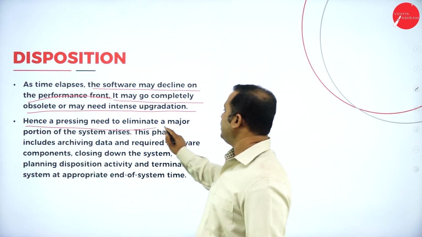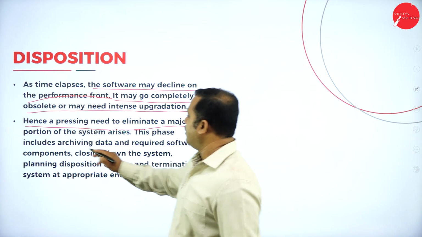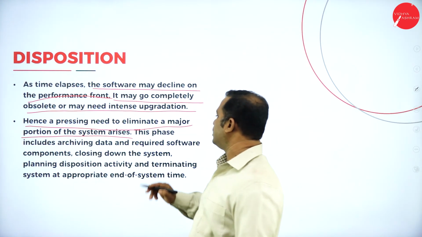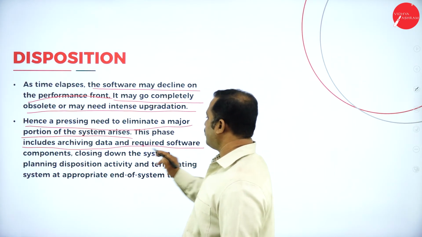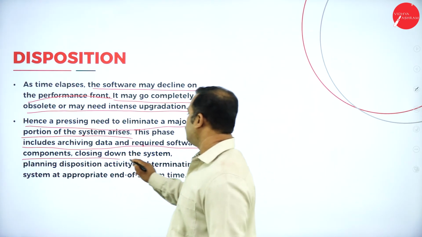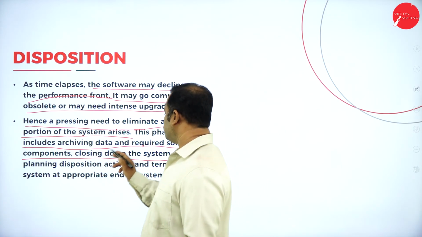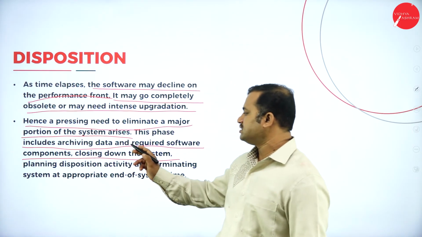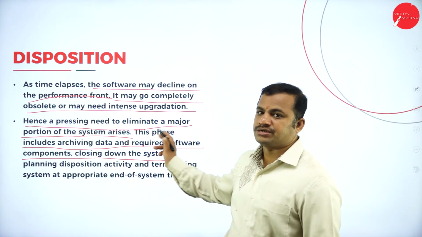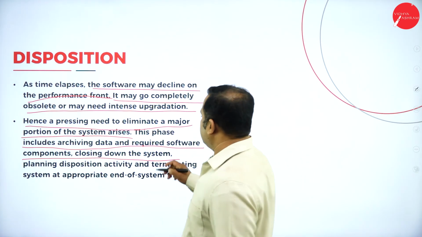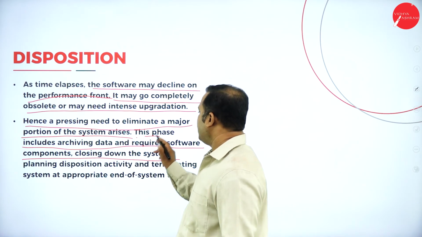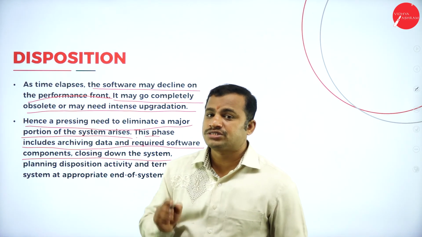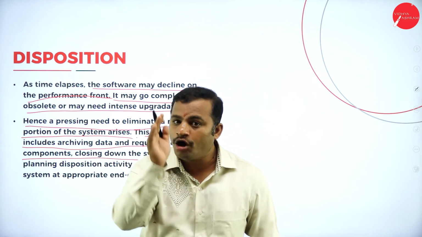Hence, a pressing need to eliminate a major portion of the system arises. This phase includes archiving data and required software components, closing down the system, planning disposition activity, and terminating the system at the appropriate end of system time. This phase includes archiving the data and the required software components which are obsolete.